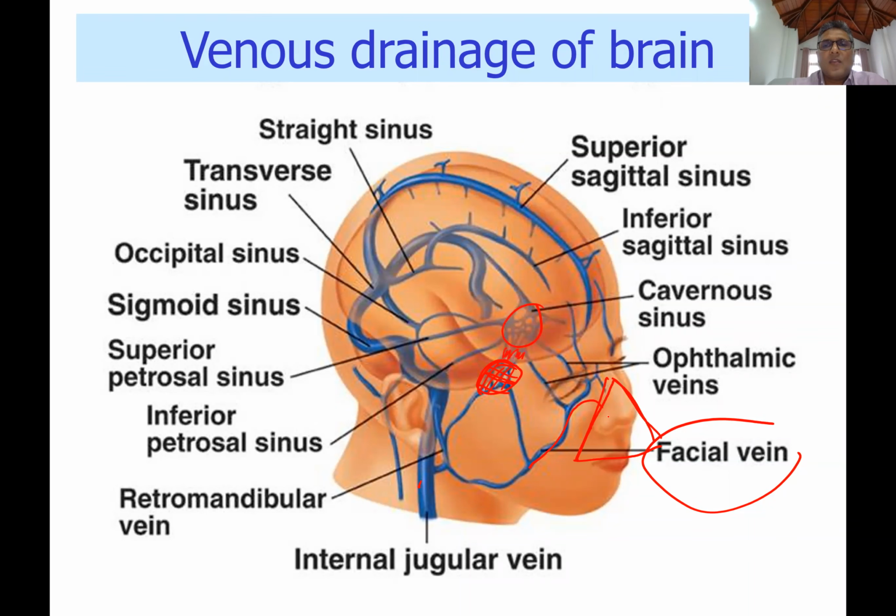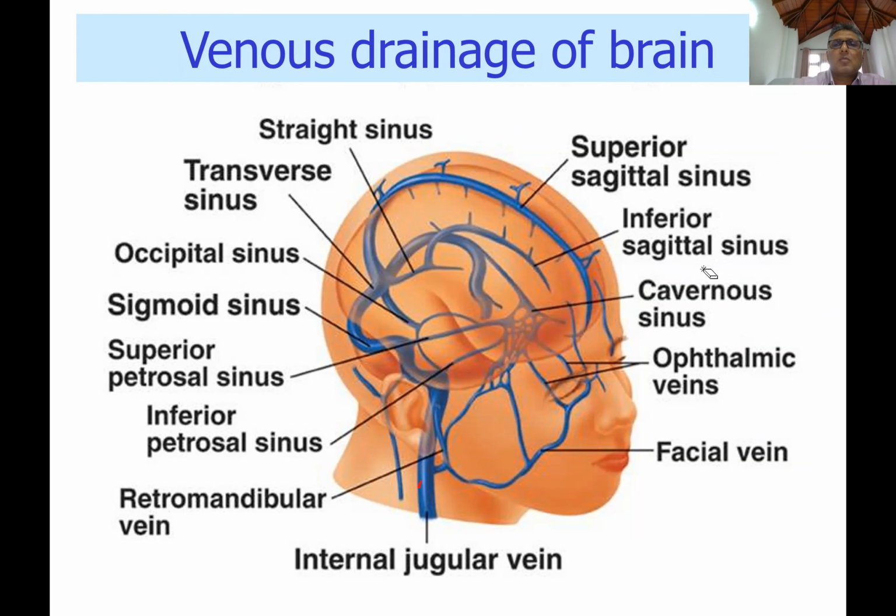So if you get infection of that area of the face, infection can spread through these veins into the pterygoid venous plexus, and from that into the cavernous sinus, and you can get infection and thrombosis of the cavernous sinus, which is a very dangerous situation because certain cranial nerves pass through the cavernous sinus, and it is very closely related to the pituitary gland and other parts of the brain.